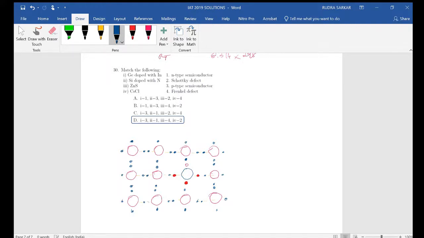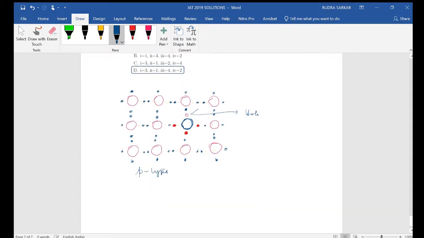But whenever there is indium in place of germanium, because there is one site that is vacant, there is a creation of a hole. This is a hole, and this will be our charge carrier. So this will be called a p-type semiconductor.